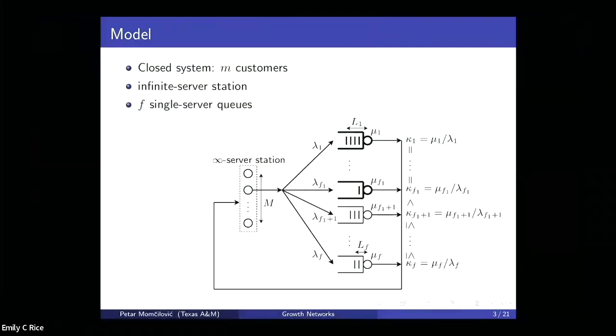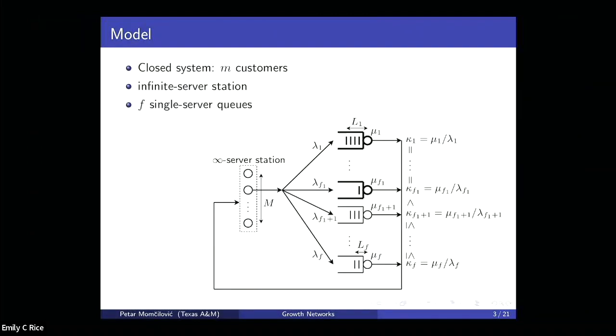This is the model that works here. I have this closed system with M customers. These customers are my monomers in the system. They're floating. Now I have this infinite server station, which represents all the monomers that are not attached. They're floating around.